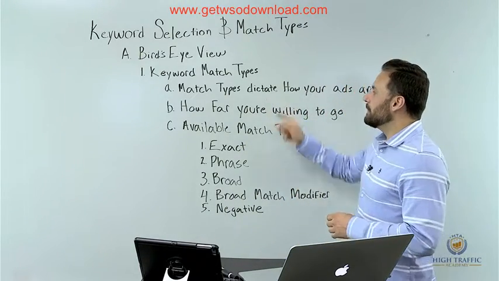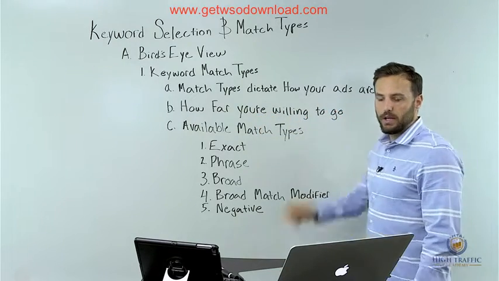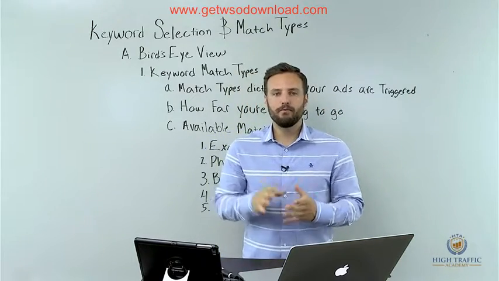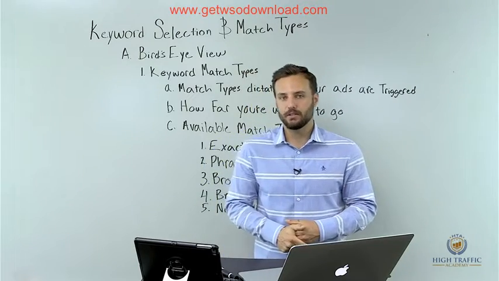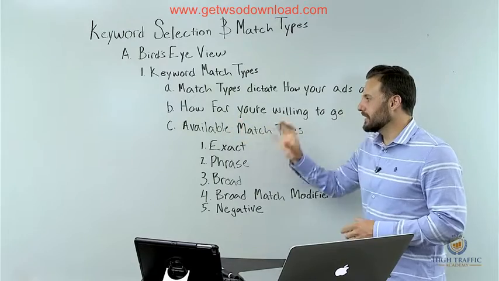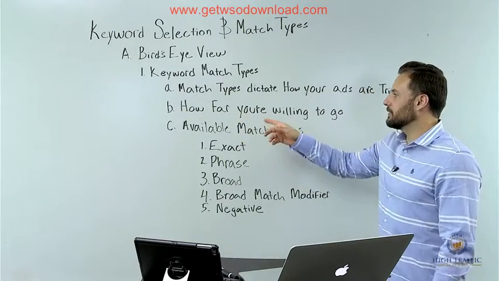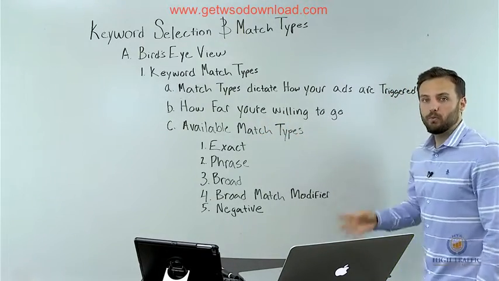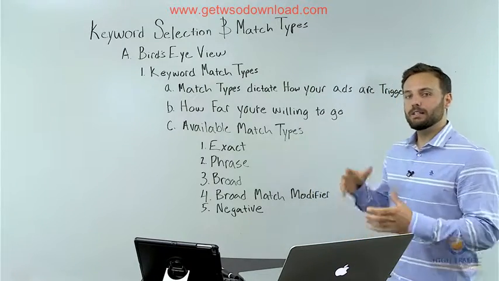So a keyword match type dictates how your ads are triggered. It takes a keyword that you have and defines what variations of that keyword are going to trigger the ads that you're trying to serve. The essential understanding for a keyword match type is that Google needs to understand how far away from the keyword that you put into your ad group you're willing to go.